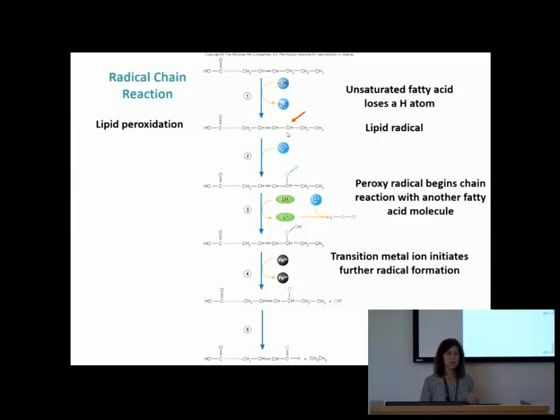So it keeps going and doesn't stop. One electron can keep going and going, tearing apart our fatty acid chains. You want me to say that again? Sure. The hydroxyl radical passes the radical to a lipid. It ends up cleaving that lipid.